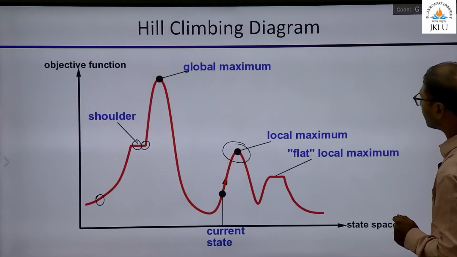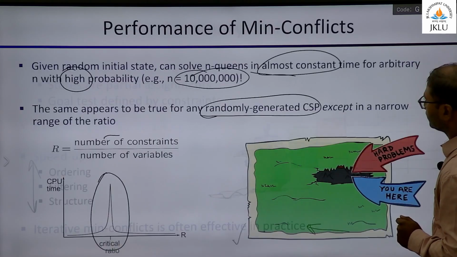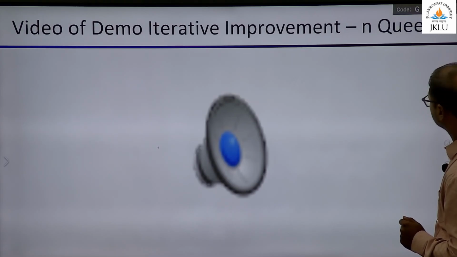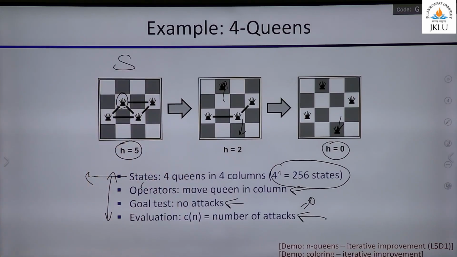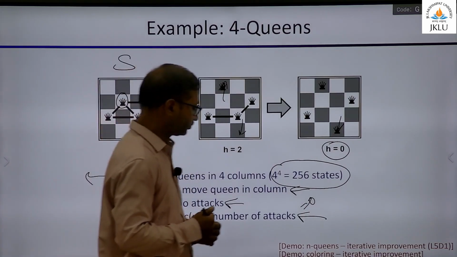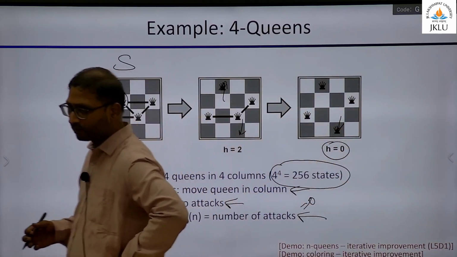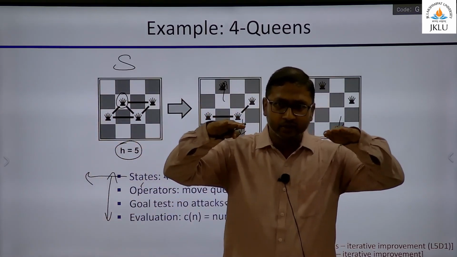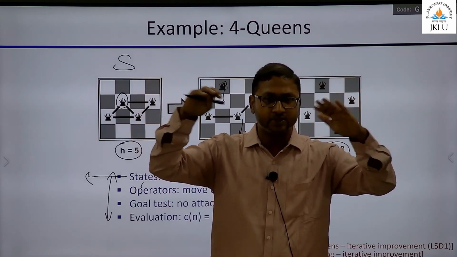So how are you talking about hill climbing in this case? So where is hill climbing in this case? What does hill climbing mean? You are at a state, you have particular numbers, whichever number you want to maximize, optimize.